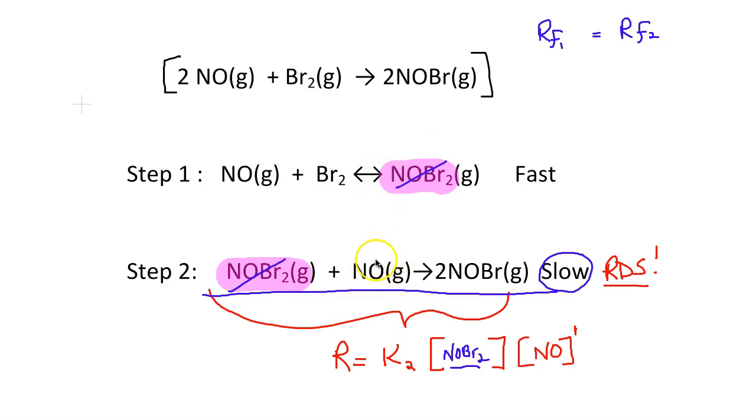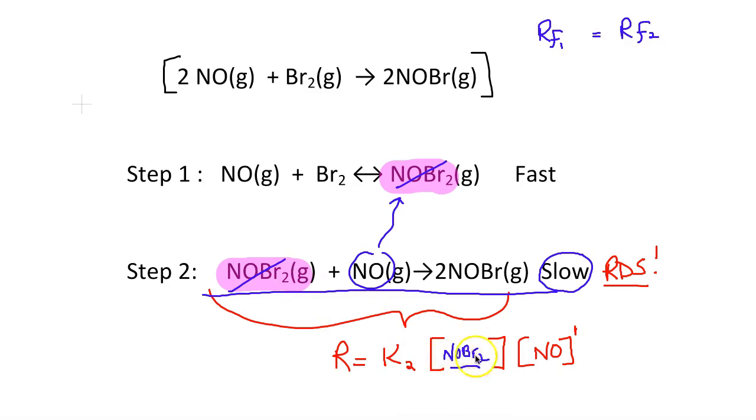However, if by chance an NO collides with it before it goes back, and of course that's going to be slower than this going back, this is the slowest step. So I know my rate law is based upon the second elementary step, which means the coefficients become exponents. Look at the NO, it goes to the first. The rate is the K of the second step, and this is my NOBr. Now, there's a problem.